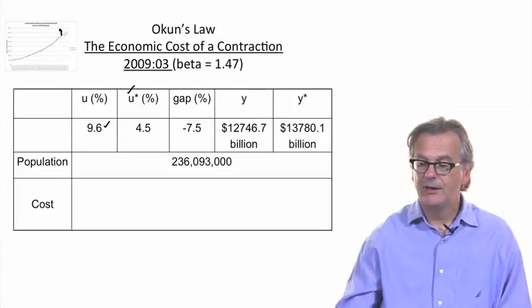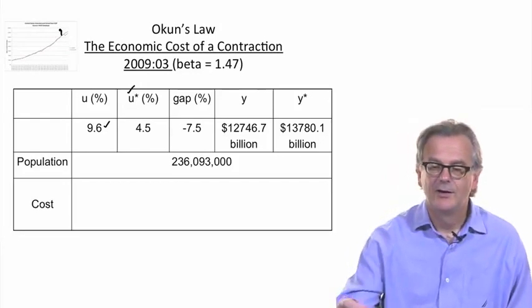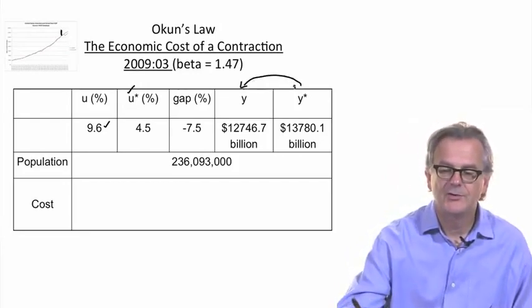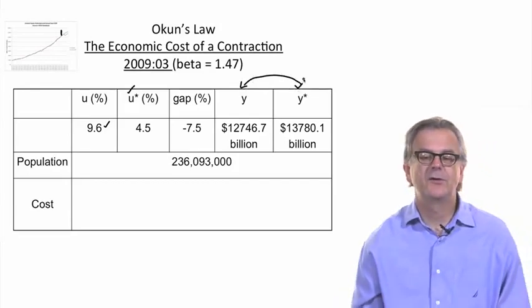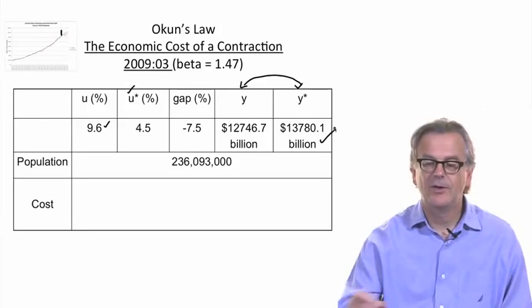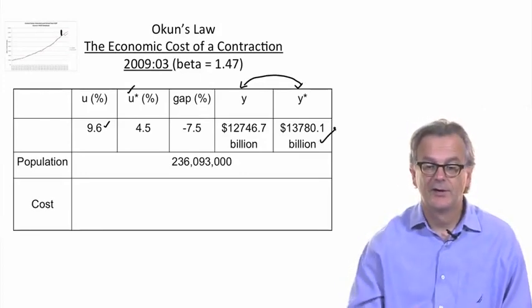And so that enables me to calculate the income lost over this 3-month period, essentially by comparing the actual GDP and potential GDP, and there not been a contractionary gap. This is what we think the US economy would have produced over those 3 months.